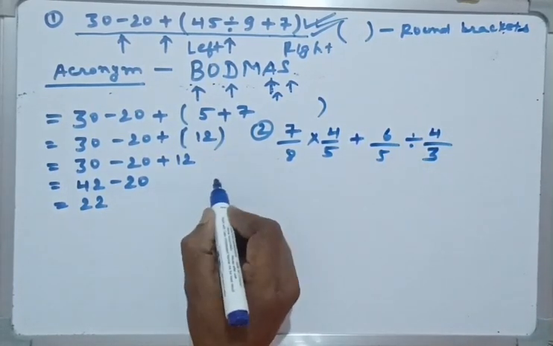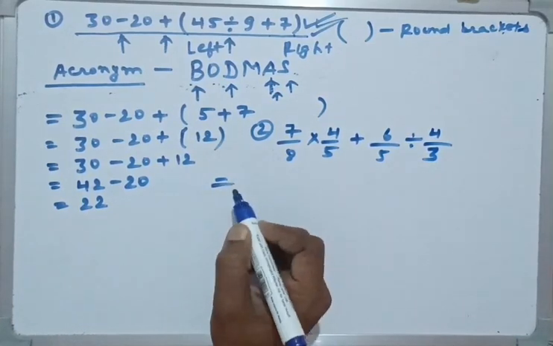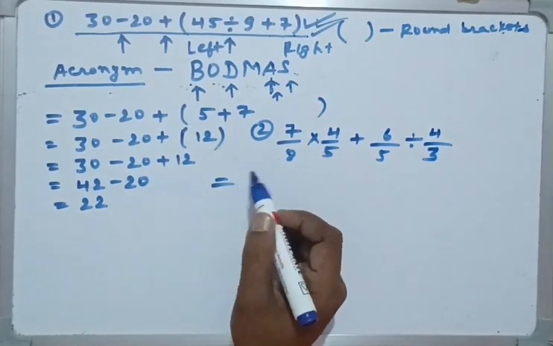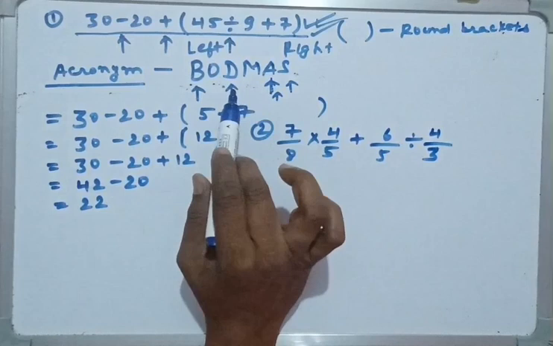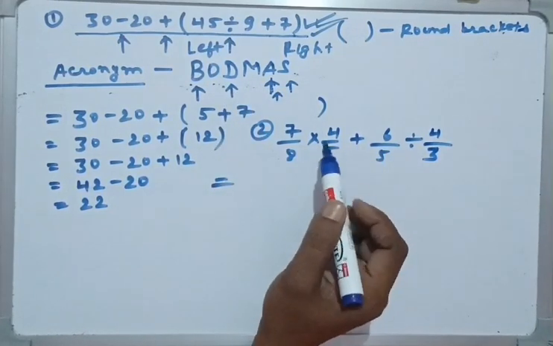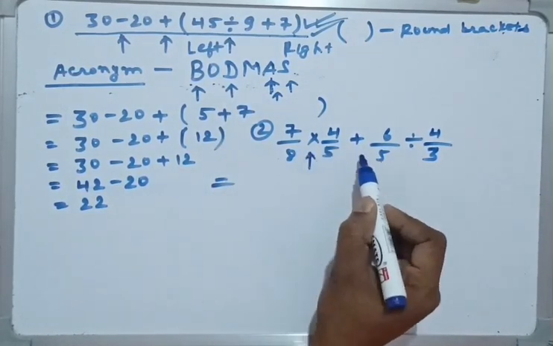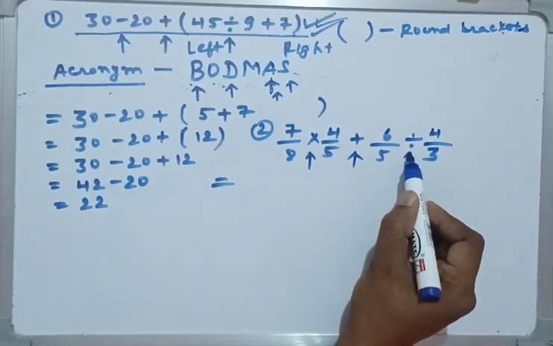Okay guys, now you have to solve this one. Again we use the concept of BODMAS. Here there are 3 operators: multiplication, addition and division.